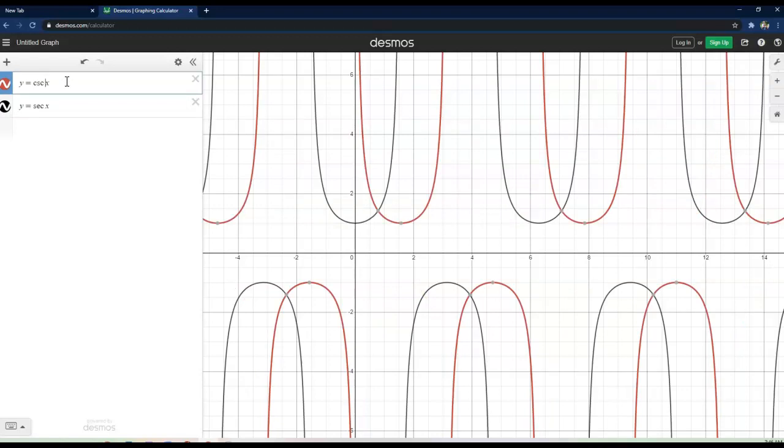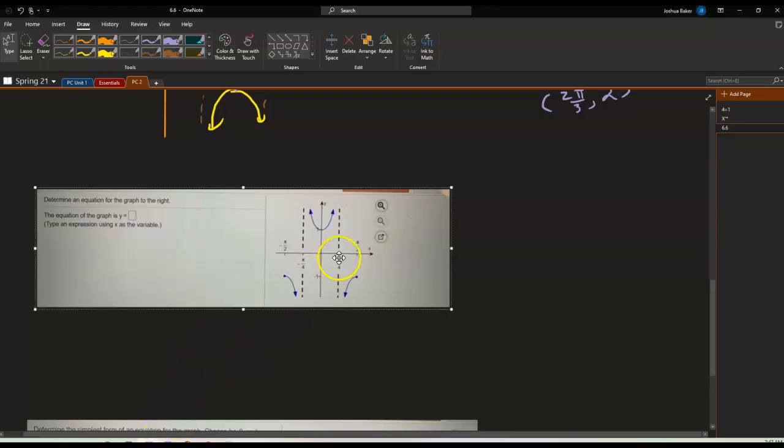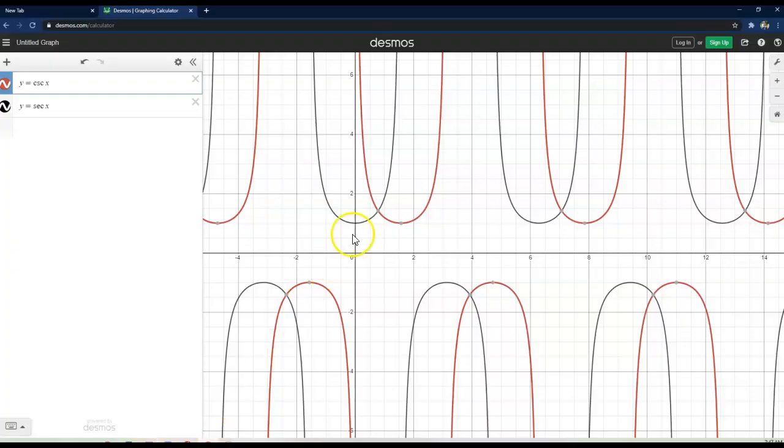Okay, so it's just like sine and cosine, how they're the same shape. One of them is just moved to the left a little bit or to the right a little bit, whichever way you want to look at it. All right, whenever we're trying to determine which function to use, either secant or cosecant, I would say go back to your knowledge here to figure it out.